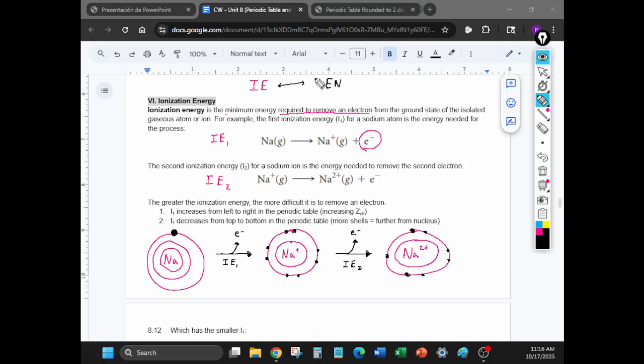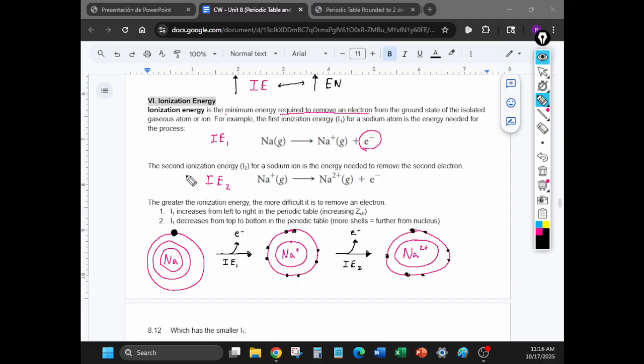So the trend is the more electronegative an element is, the higher the ionization energy, which makes sense, right? If I'm holding onto an electron really tightly, it's going to take a lot of energy to remove that electron. The more tightly that electron is being held, the more electronegative it is, the higher the ionization energy.